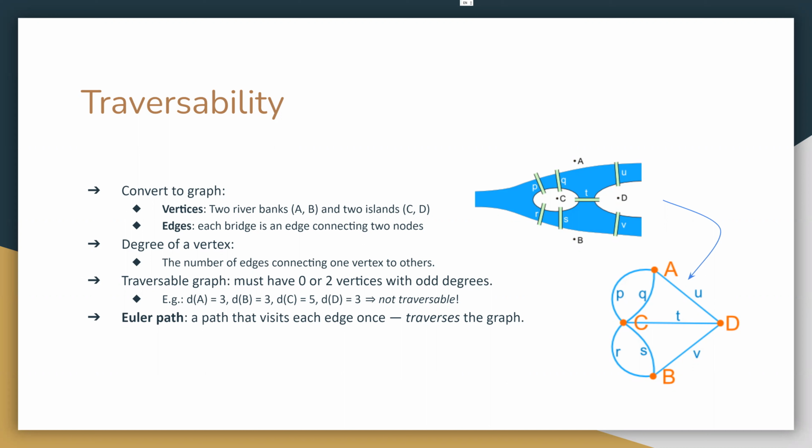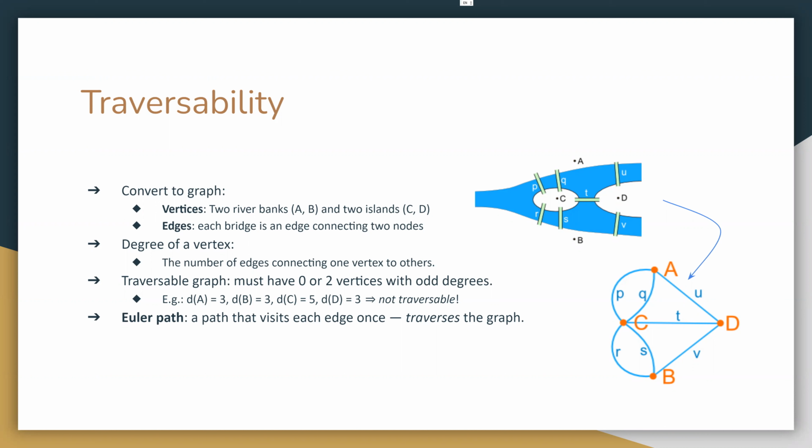So this map of the city is equivalent to this graph in solving this problem. The bridges basically become the edges in the graph, and you have these vertices A, B, C, and D, and the edges are the bridges, and these are how they're connected.